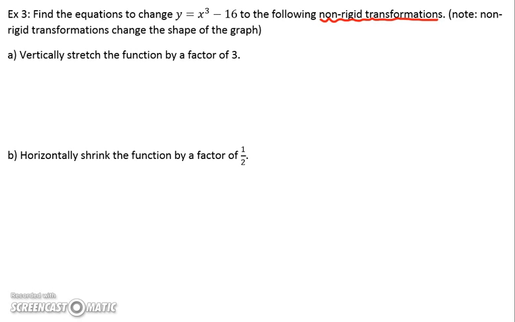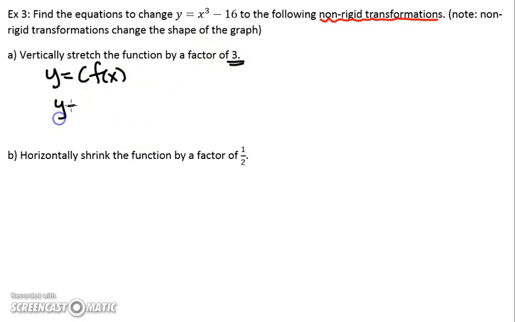So if we look at A, it says a vertical stretch of the function by a factor of 3. So if we look at the table we just saw, a vertical stretch is going to be of the form y equals c times f of x. And it's going to be a stretch if c is greater than 1, and c is indeed greater than 1.